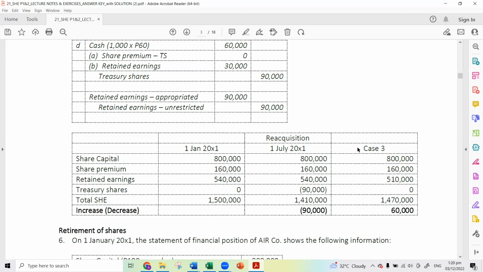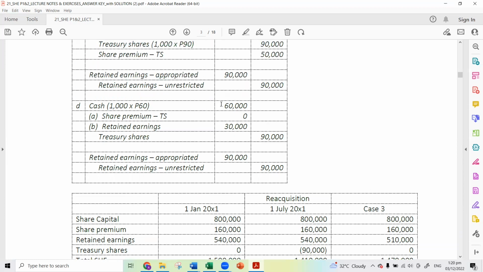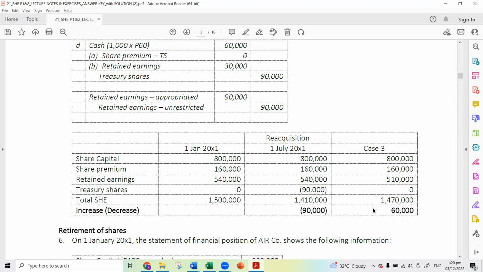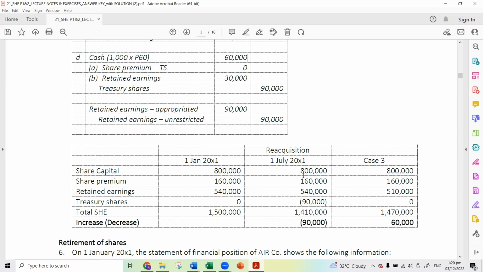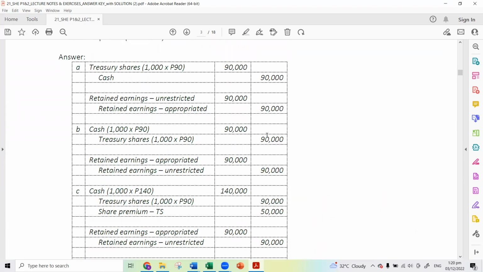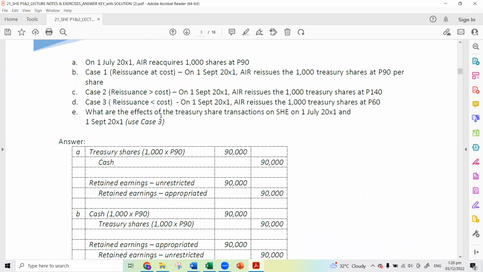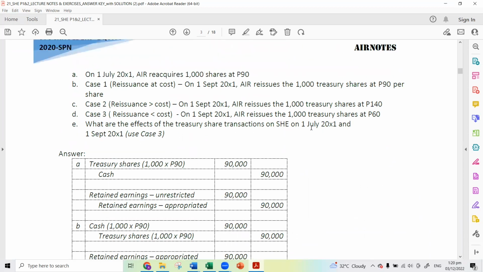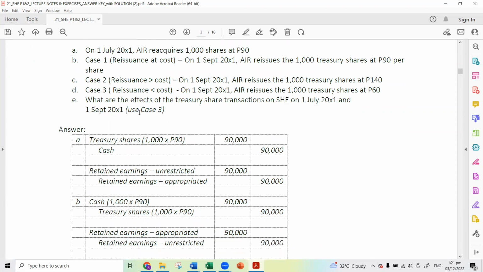Equal to your reissuance price. Okay? Yan. So this is yung sinasabing effect. So what are the effects? July 1, 20x1. Bakit naging July to? September 1. Ano yan? It should be September 1, 20x1. Case 3. Use case 3 daw.